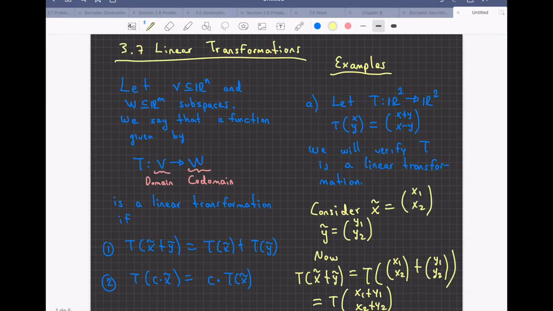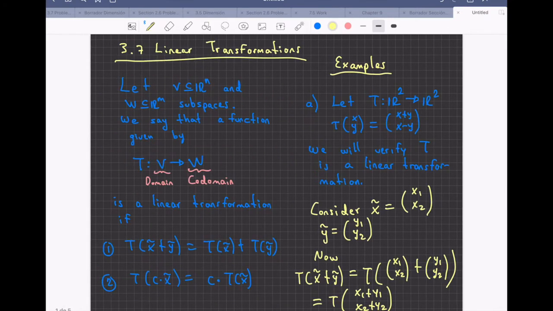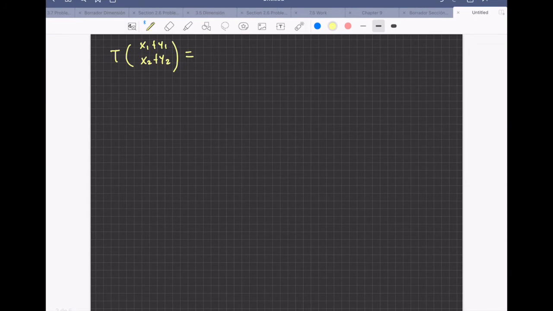So I'm going to continue. T of (x1 plus y1, x2 plus y2) will be equal to (x1 plus y1) plus (x2 plus y2).